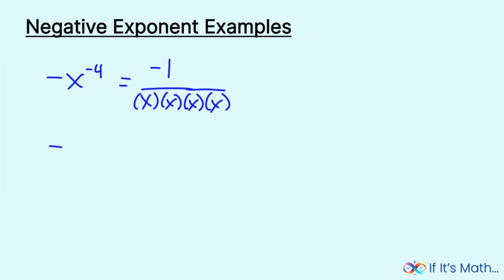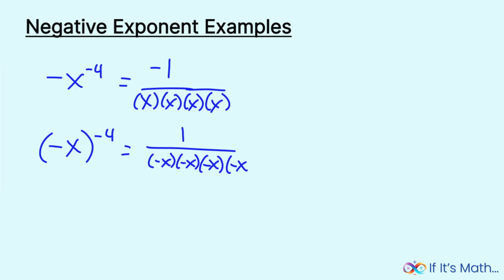But what if it was inside? So negative x, all to the negative 4th power. That's going to give you 1 over negative x, negative x, negative x, negative x. You can regroup all those negatives.